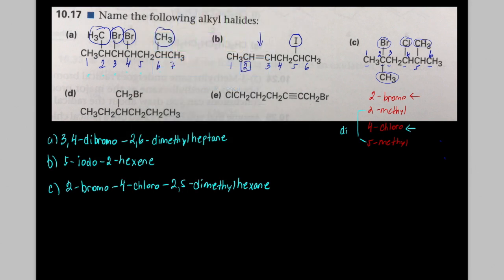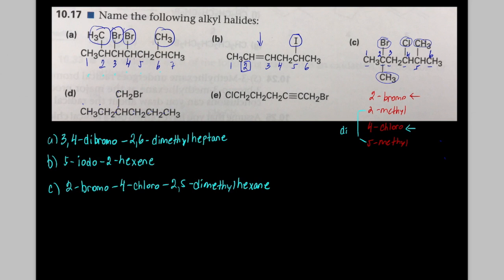Now for D, we have to carefully consider the longest chain. So it does look like the longest chain, let's see, 1, 2, 3, 4, 5, 6. You could name this molecule in different ways. The problem just says name the following alkyl halides.